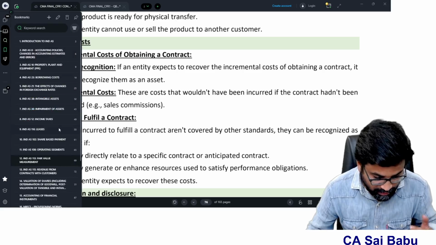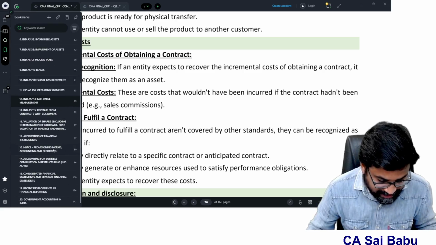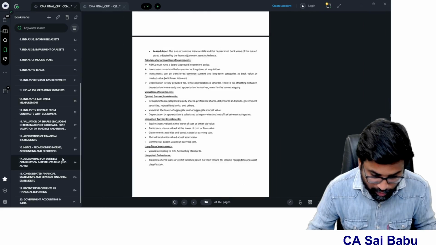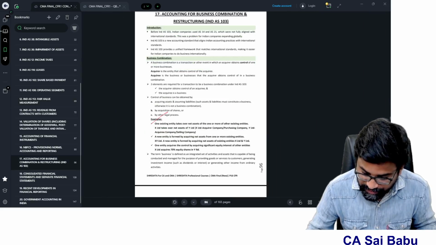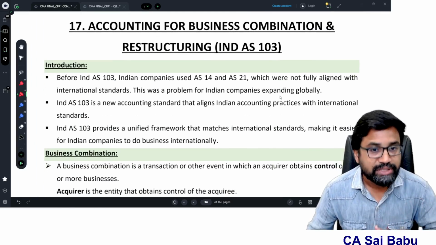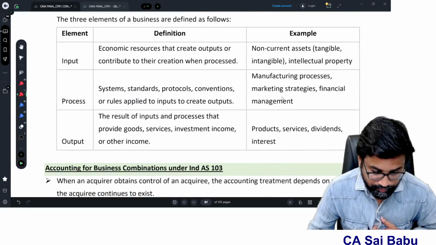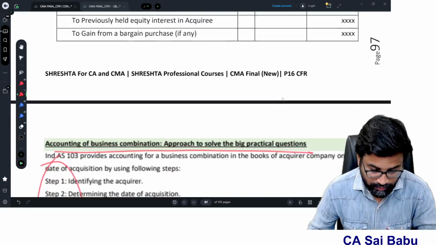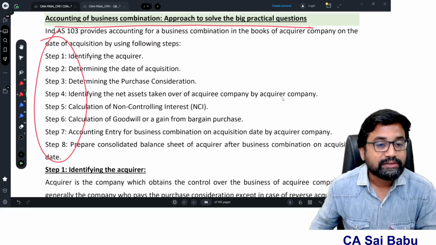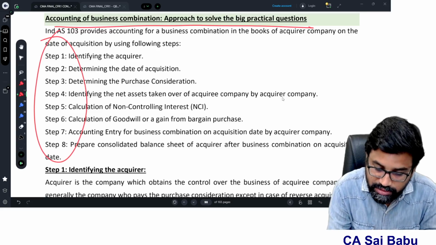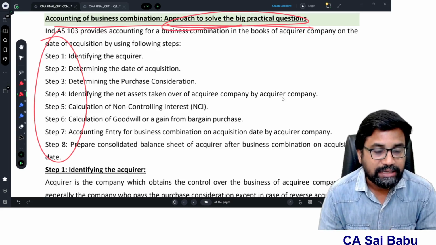Similarly, I will show you one chapter, for example, business combinations, restructuring. This is one of the important chapters, accounting for business combination and restructuring. See here, the accounting part, how to do the accounting of business combinations, how to approach and solve the big practical questions.